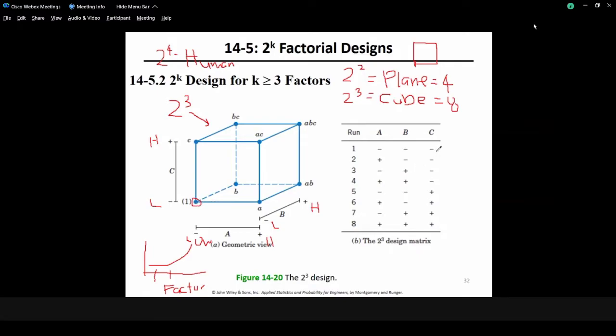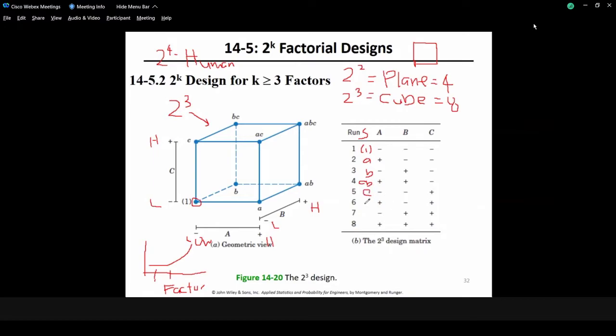The symbol here should be 1. Here should be A. Here should be B. Here should be AB. Here should be C. Here should be AC, right?